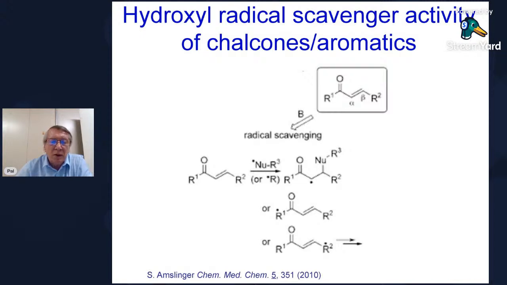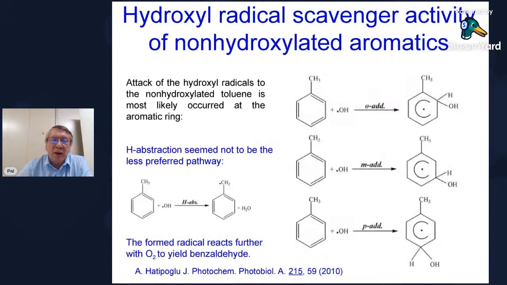When we take into consideration the possible reaction paths of the reaction of chalcones with different radicals, we can consider the reaction of the radical with the carbon-carbon double bond as a high electron density unit, and obviously both aromatic rings of the chalcone molecule.